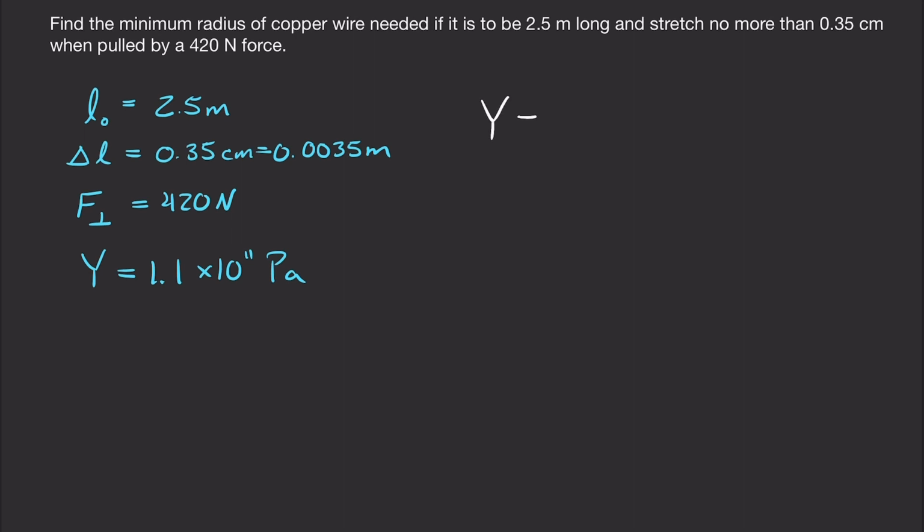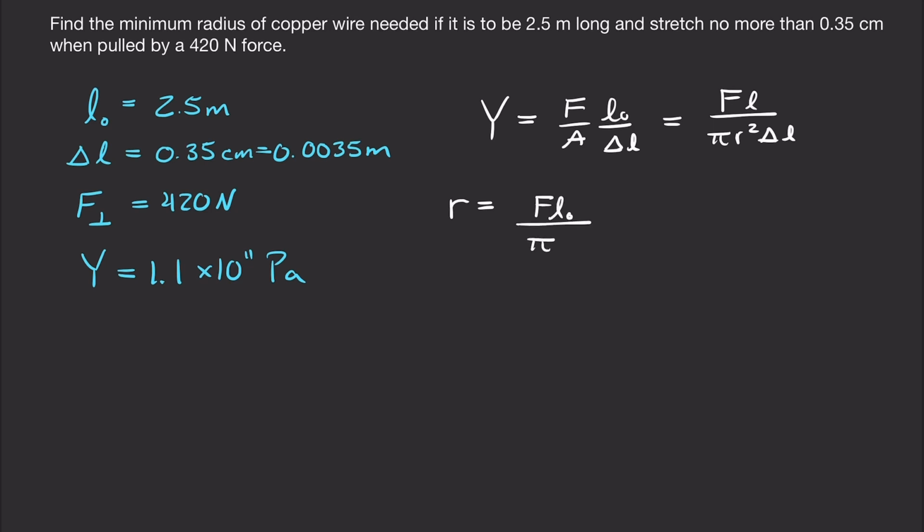Now we look at the equation for Young's modulus, the force per unit area times L naught over delta L. We want to find the radius, so instead of writing the area, we write it in terms of the radius, pi r squared times delta L. Now we can solve for the radius. Just move it up, divide by Young's modulus, take a square root. So we get F times L naught over pi times Young's modulus times delta L, and then we need to take a square root.